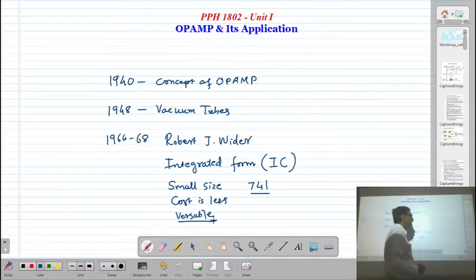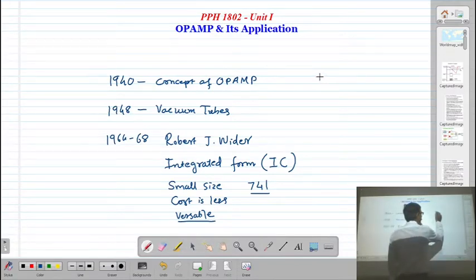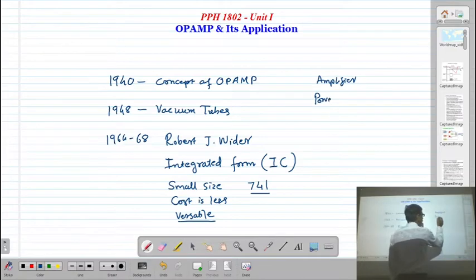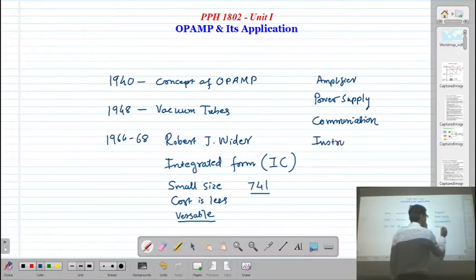When you are talking about a regulated power supply, or an amplifier, in different types of amplifiers it is used. It is used in power supply. It is used in communication. Then it is used in instrumentation. It is also used for medical applications.